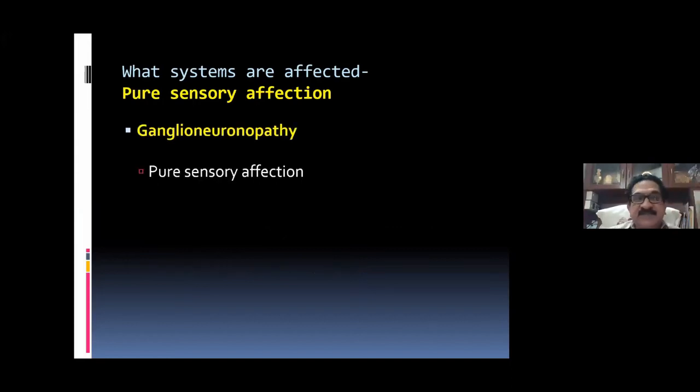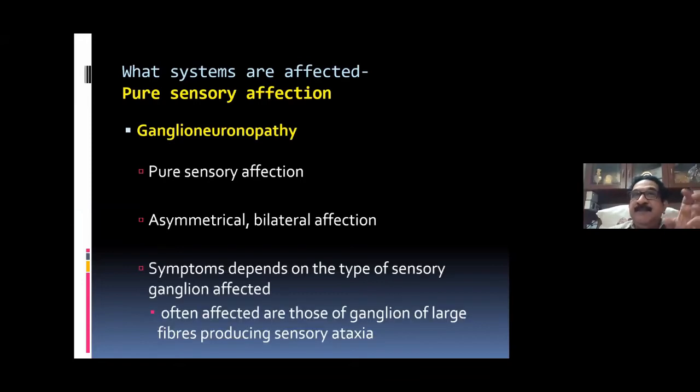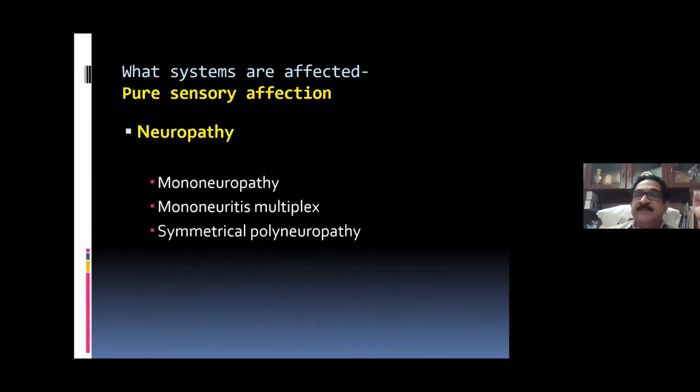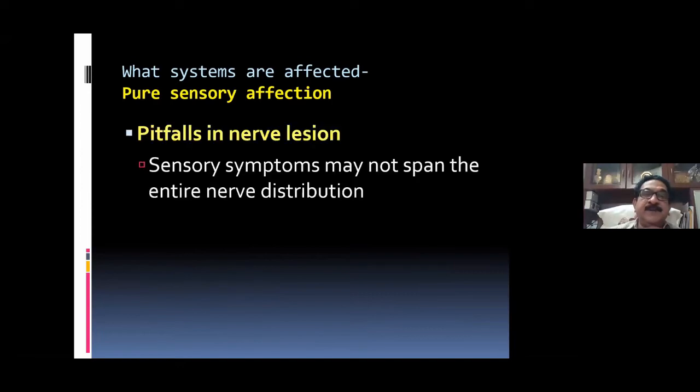Here there is a pure sensory affection, an asymmetrical bilateral affection, and symptoms depend upon which sensory ganglia are affected. Usually in large fiber ganglionopathy, they come to you with ataxia. Neuropathy may also be a mononeuropathy, mononeuritis multiplex, or multiple asymmetric neuropathy. Again, you must be aware of pitfalls in diagnosing sensory disorders.